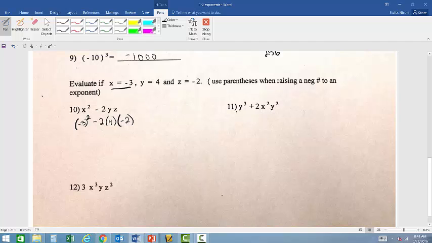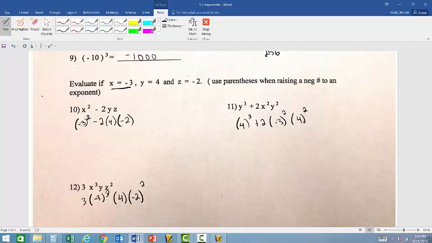We'll go ahead and set up the other two. And then we'll set up the last one. So again, we're putting -3 in for x using parentheses. We're putting 4 in for y and -2 in for z. And then we'll go through and we'll solve.